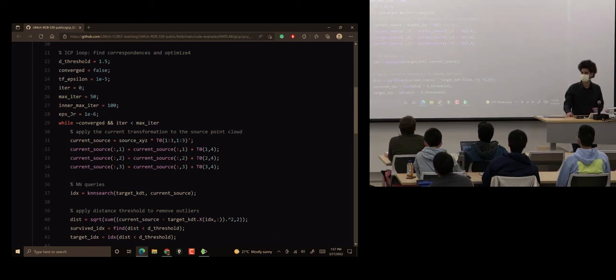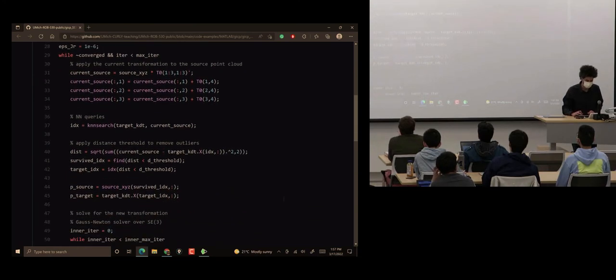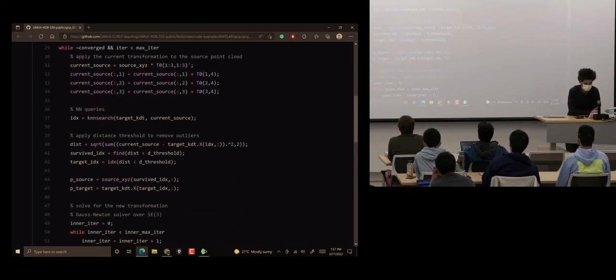There is no guarantee for convergence. It might take a very long time, depending on the problem. So while not converged, and the iteration is less than the maximum number of iterations, move the source point cloud in lines 31 to 34.